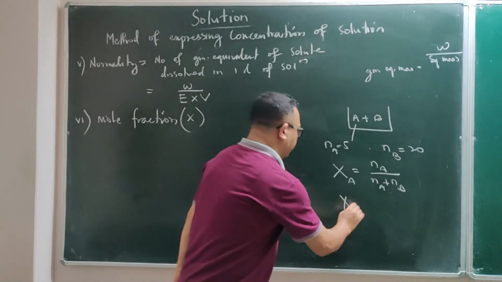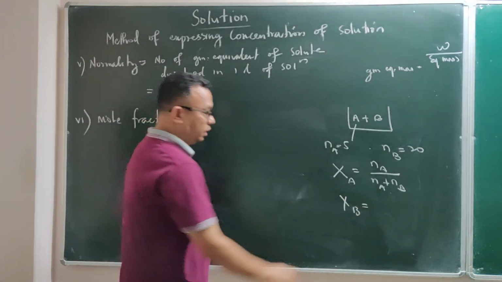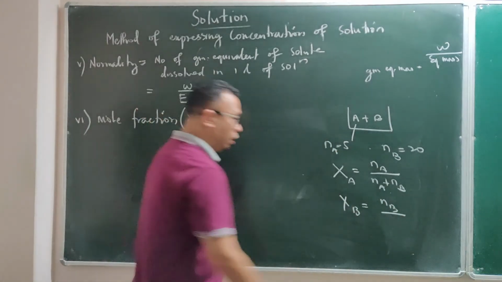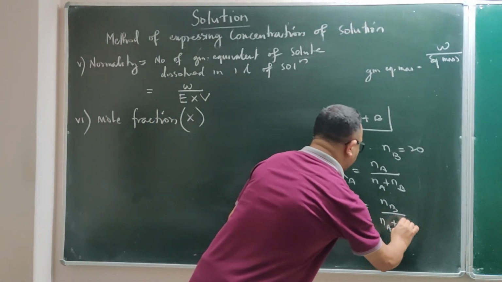Similarly, for B, it should be NB, the number of moles of B to the total number of moles present in the solution.